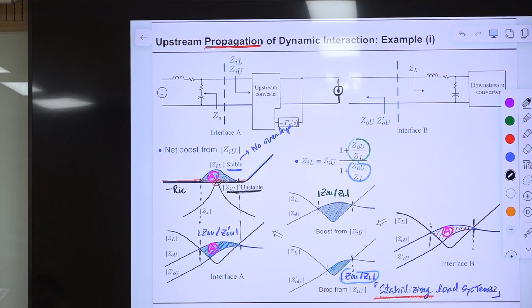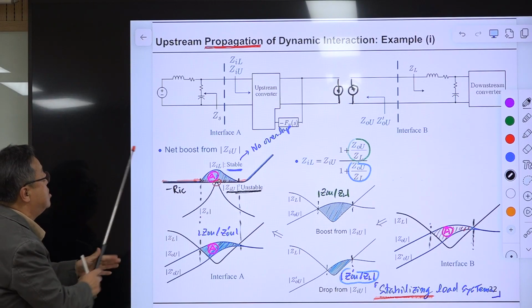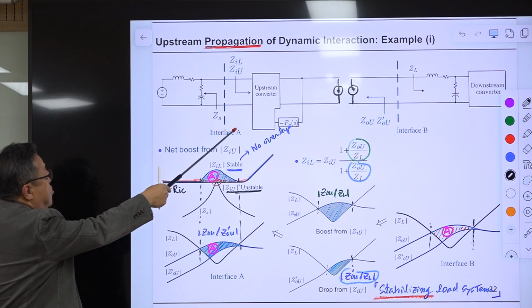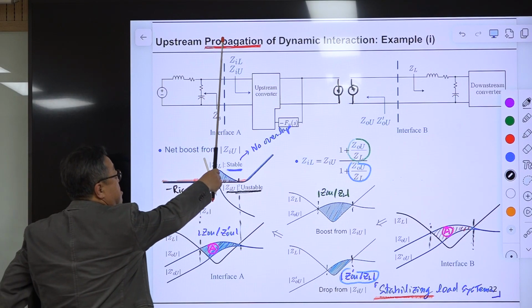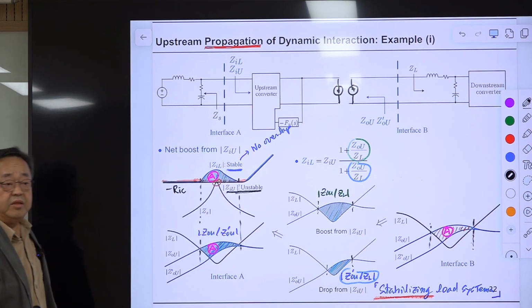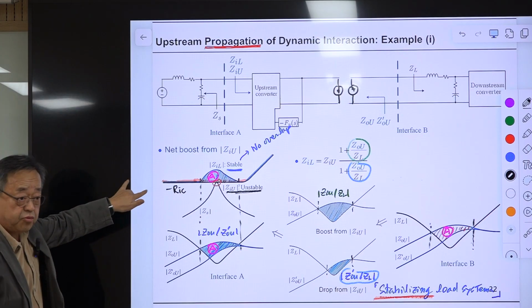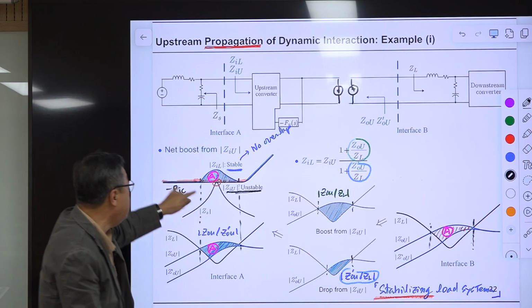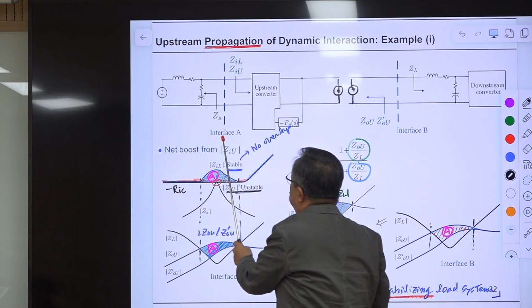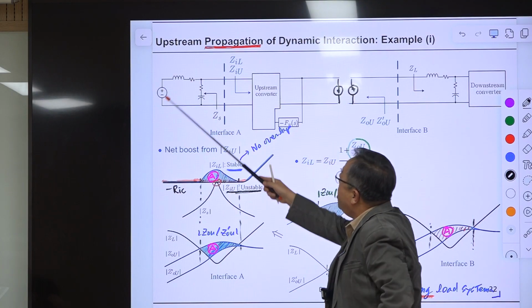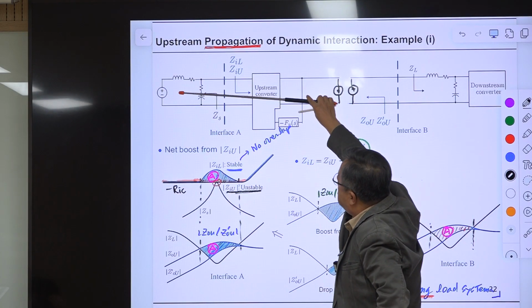And the downstream converter is driven by a voltage source, an ideal voltage source. So they are separated, and consider only this part. And we are comparing the impedances here. We defined this place as interface A. So we have two impedances at interface A. One is the source impedance of this input filter seen through this point.